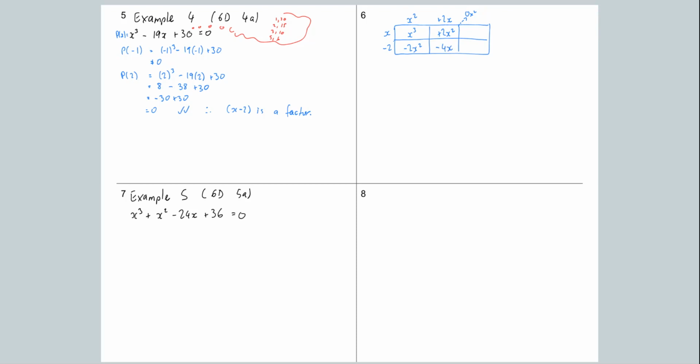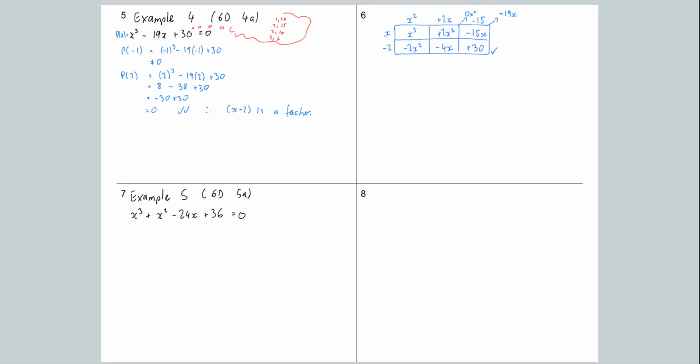Looking at the x term there, I need to get to minus 19. So I've got a minus 4x here, which means that I need to have a minus 15x here, like so. So that means I need a minus 15 here. Minus 15 times x is minus 15x, and minus 15 times minus 2 is positive 30, and that is the final term. So that's a tick there to say that that's definitely worked out.